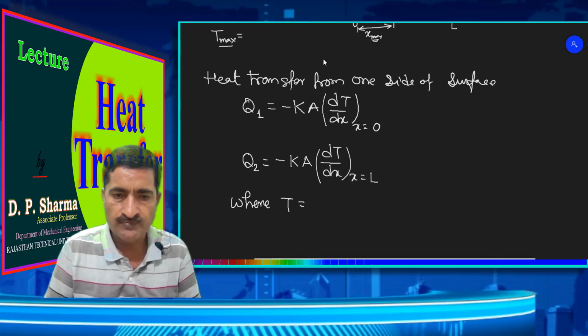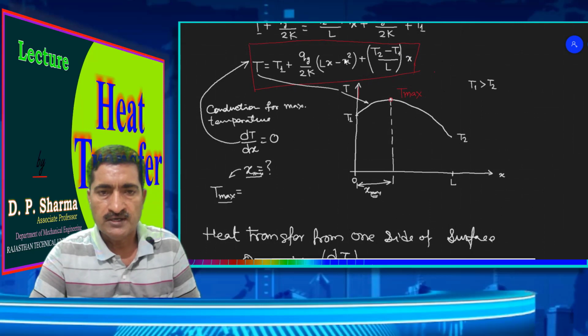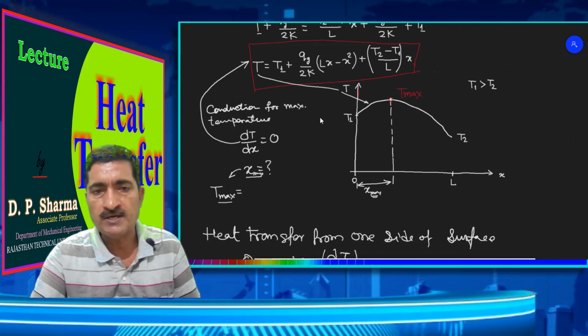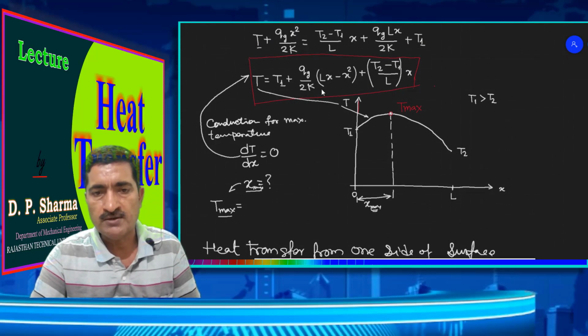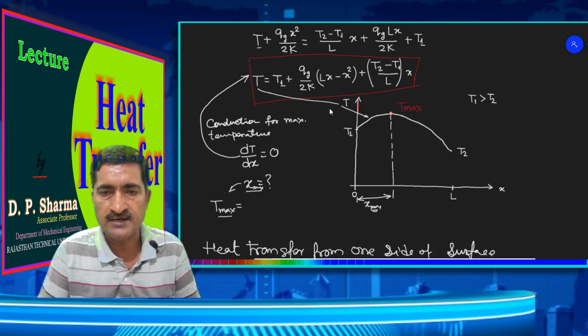T equal to T1 plus Qg by 2k into (Lx minus x square) plus (T2 minus T1) by L into x.